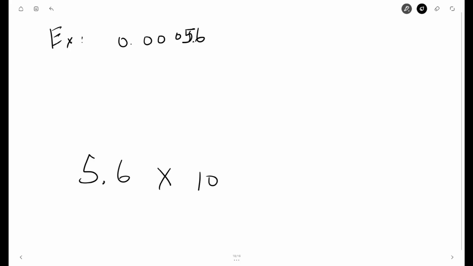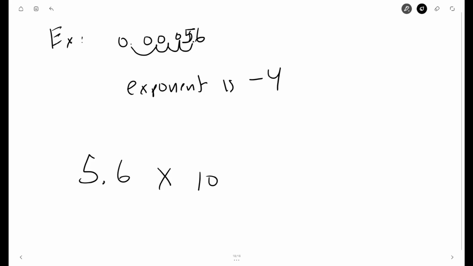If we need to get 5.6, let's count how many times the decimal point was moved to the left. It will be 1, 2, 3, 4. That means that the exponent is -4.